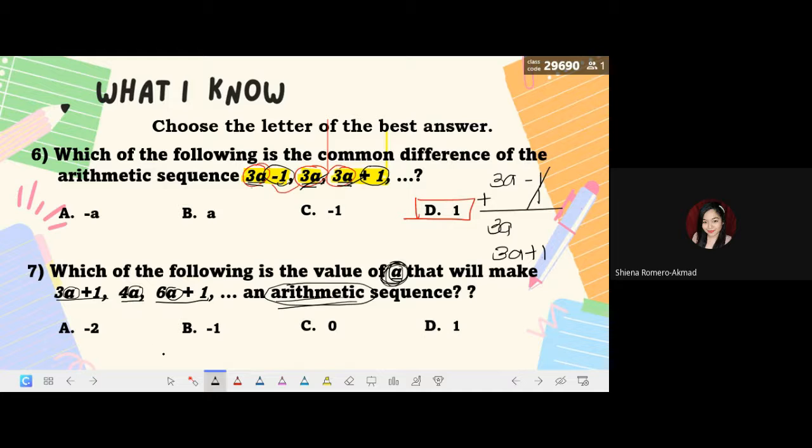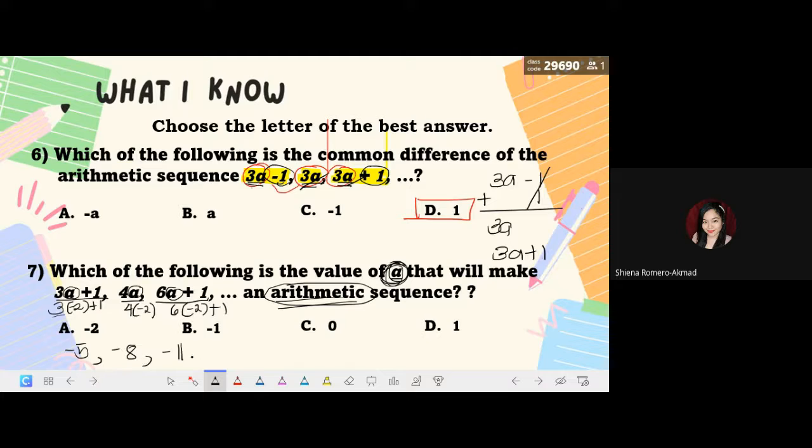Negative 2 daw po. So, let's try negative 2. So, 3 times negative 2 plus 1. 4 times negative 2. 6 times negative 2 plus 1. So, 3 times negative 2 is negative 6 plus 1 is negative 5. 4 times negative 2 is negative 8. 6 times negative 2 is negative 12 plus 1, negative 11.